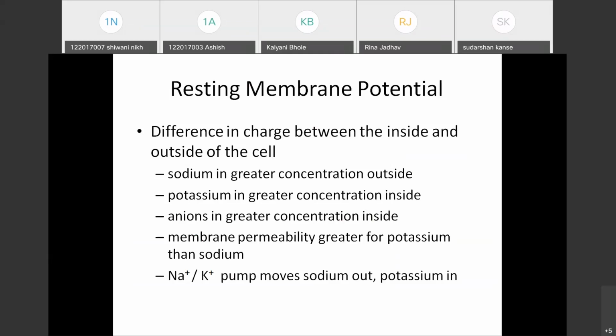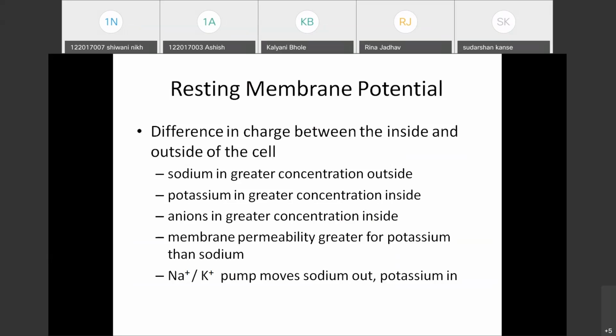This happens because of ion exchange, and the ions involved in a simple neuron are sodium, potassium, and chlorine, or in the case of the cardiovascular system, sodium, potassium, chlorine, and calcium. So it's variable: sodium and potassium are fixed, whereas the anions change.